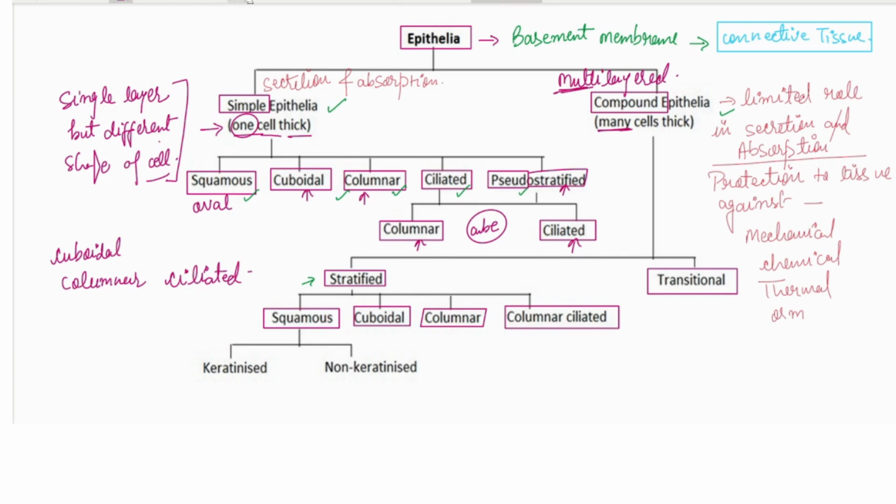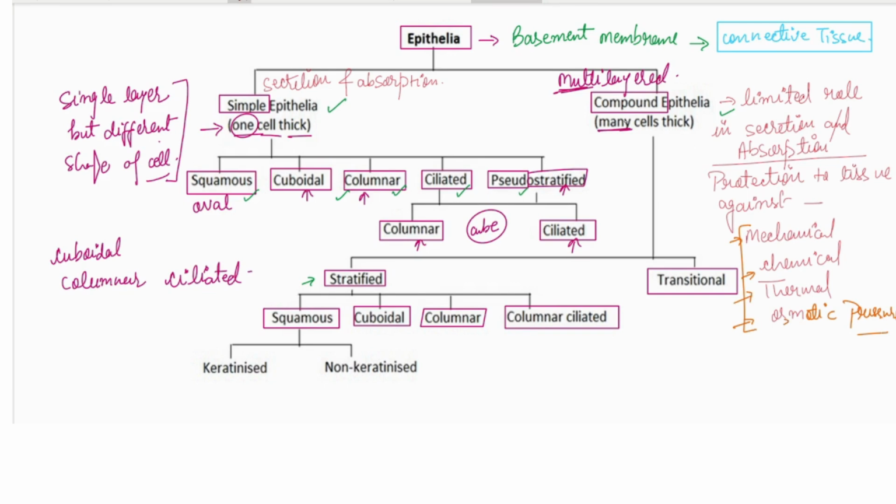So that is the function: protection and support. It will provide protection to the underlying tissues against mechanical, chemical, thermal, and osmotic pressure.